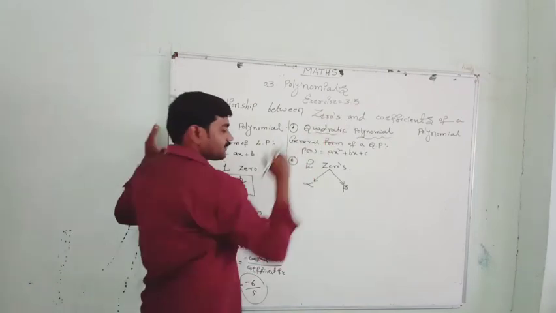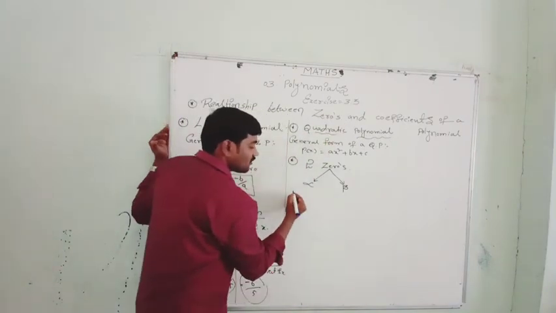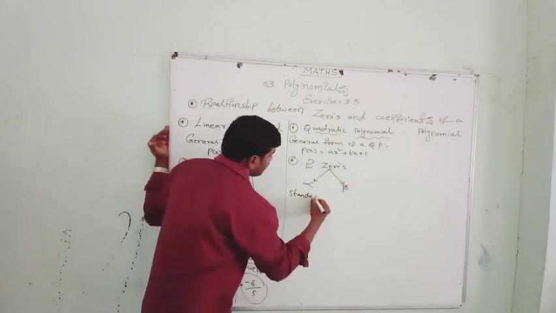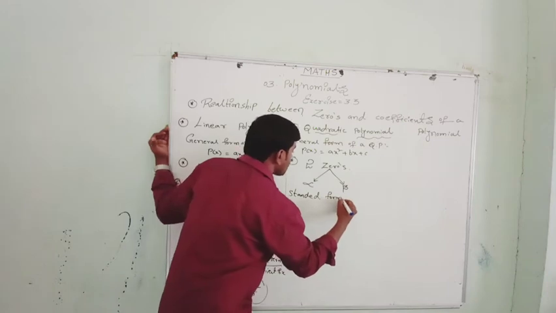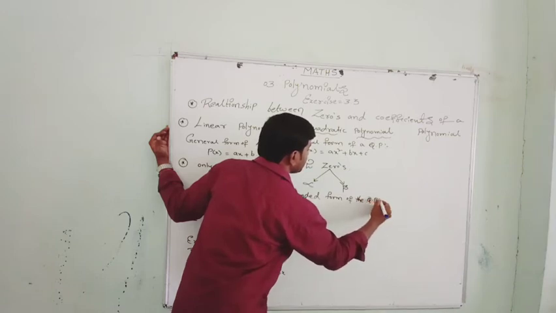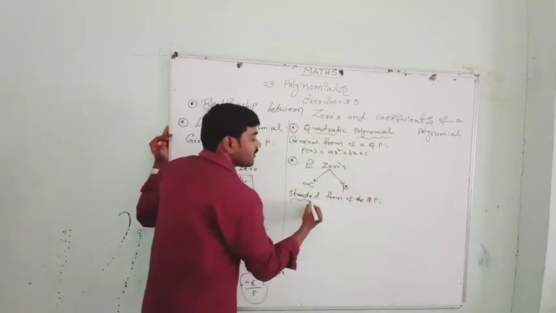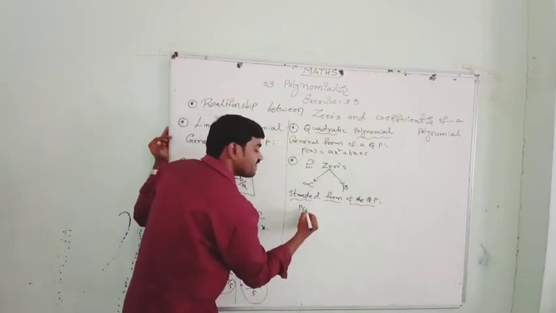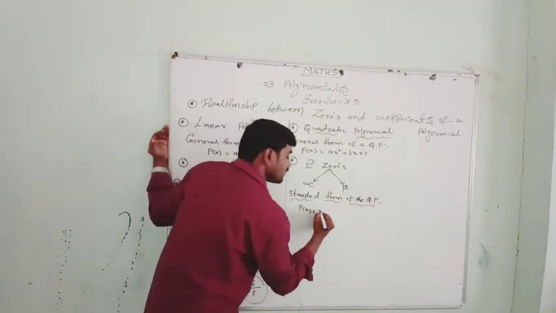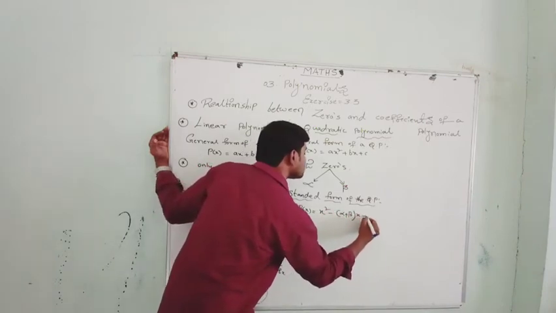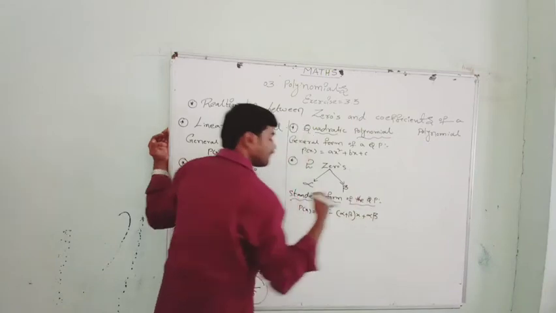First of all, we will go for the standard form of the quadratic polynomial. The standard form of a quadratic polynomial is P of x equal to x square minus alpha plus beta into x plus alpha beta.